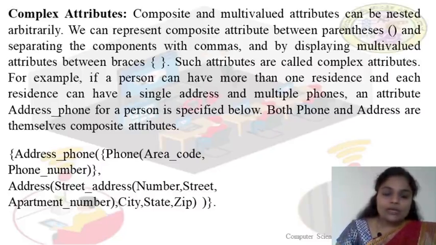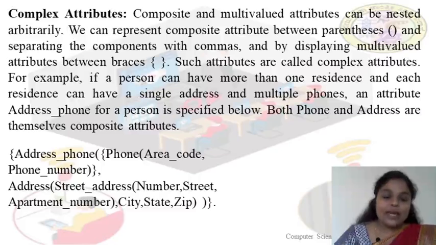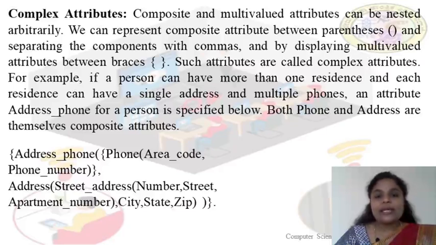So till now what we did, we studied the types of attributes, that is simple and composite. Simple means only one value, composite means it can be divided further. Single and multi-valued. Single means only one value, multi-valued means it can have more than one value. Stored and derived. Stored means the value is stored, like date of birth.